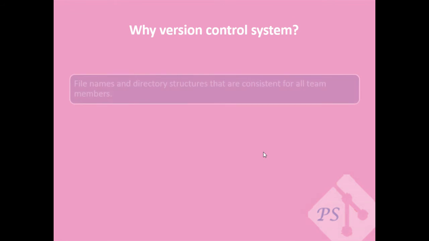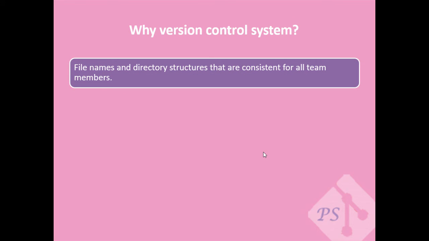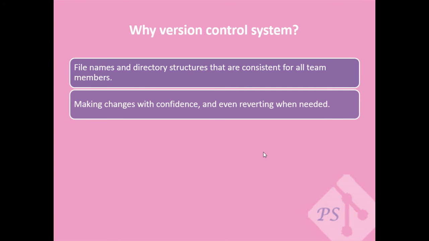If your answer is yes, then you can now look forward to this instead. File names and directory structures are consistent for all team members. Making changes with confidence and even reverting when needed.